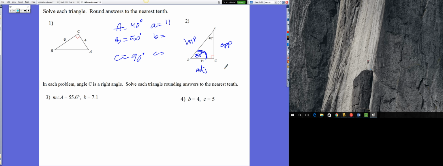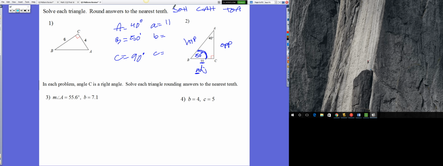Okay, now to figure out which trig to use, this one's a little trickier. You have 11. 11 is the adjacent. So you need to use one of them that uses adjacent.